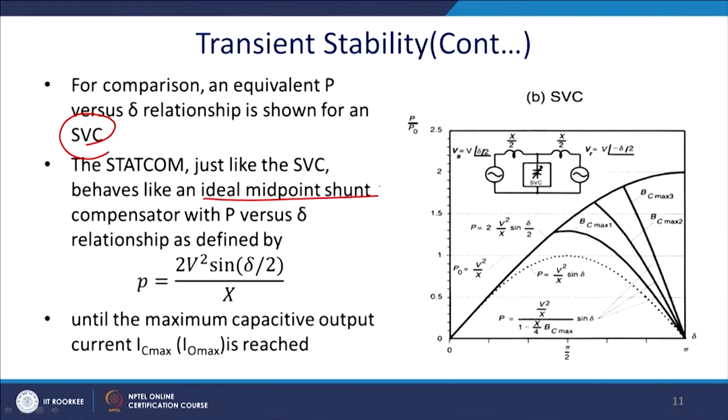The STATCOM, just like the SVC, behaves like an ideal midpoint shunt compensator with P versus delta, and this equation becomes this. But there is a limitation once the maximum capacitive output current IC max is reached. So, this is the ideal shunt compensation at the midpoint, and ultimately the value of the BC max, that admittance, will determine whether you follow this curve or this curve, and you can see that the drop is very steep.